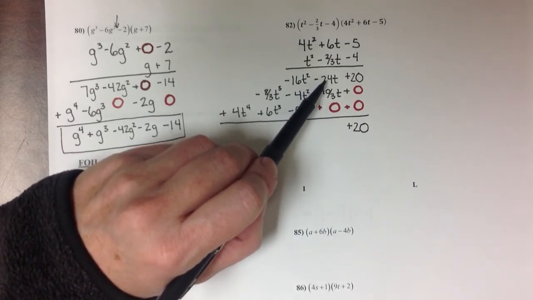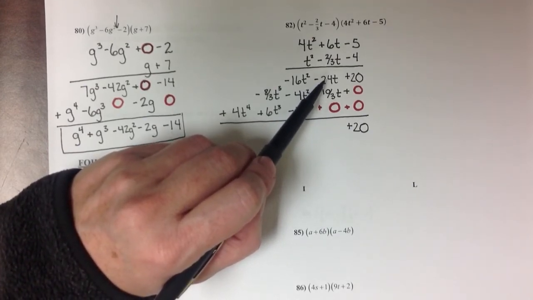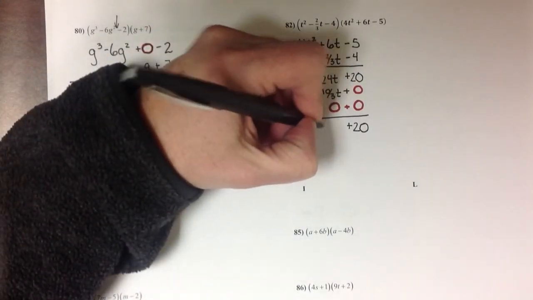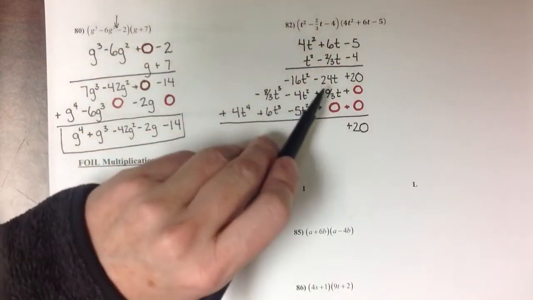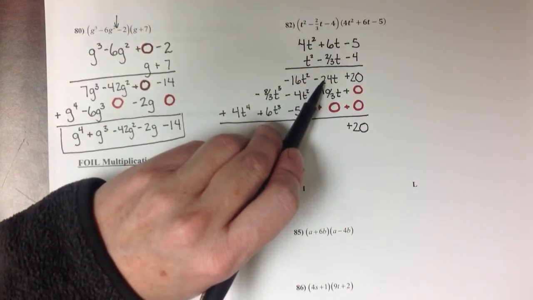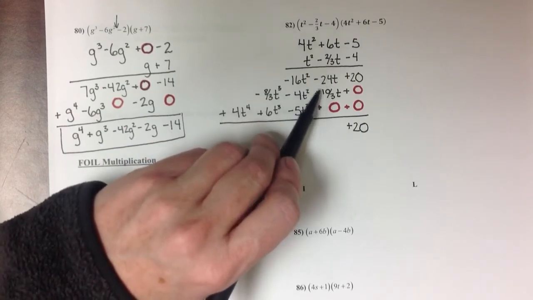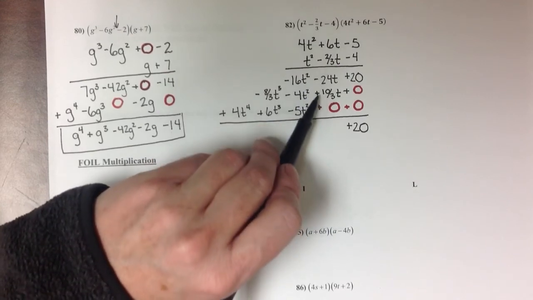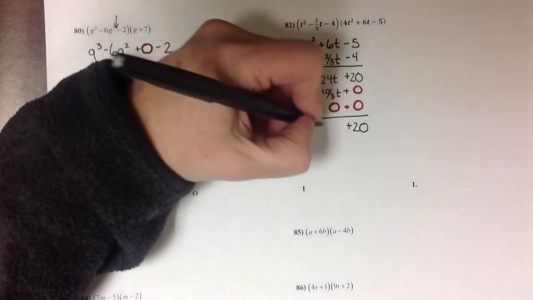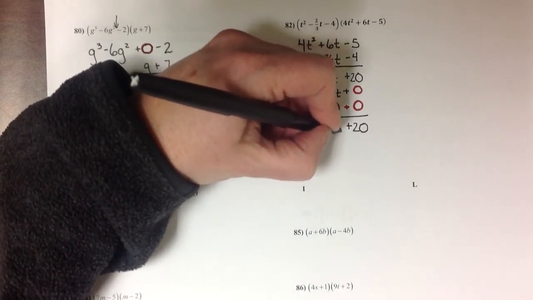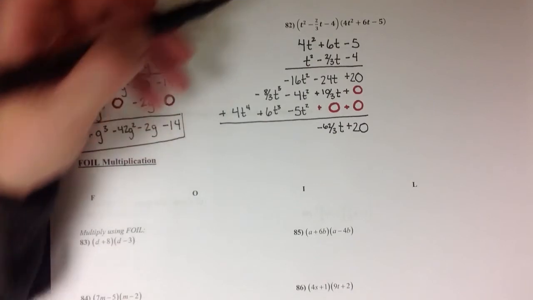If we make that one into thirds, we end up with a negative, because that one is going to be 24 times 3, which I'm not doing in my head very well, 72, and then it's a negative 72 thirds plus 10 thirds would leave us with a negative 62 thirds t.